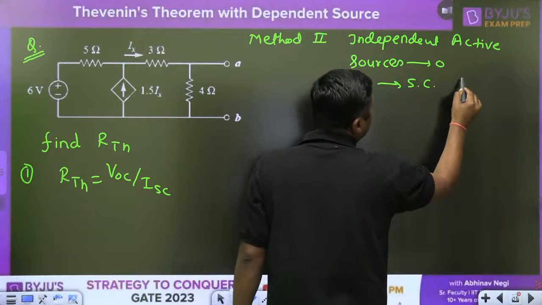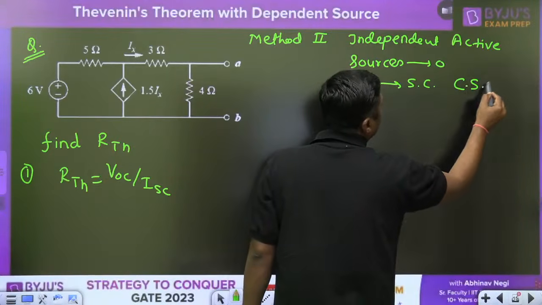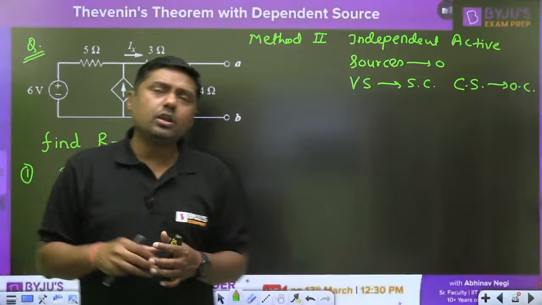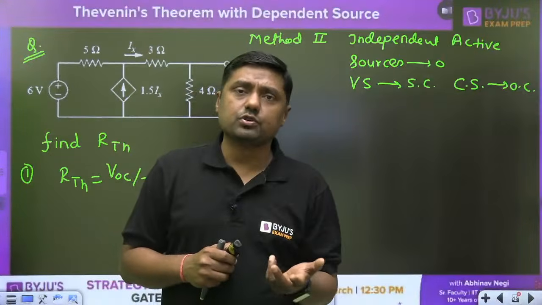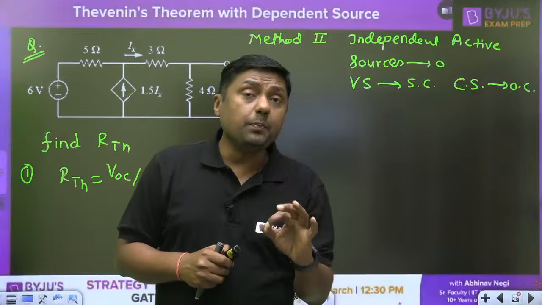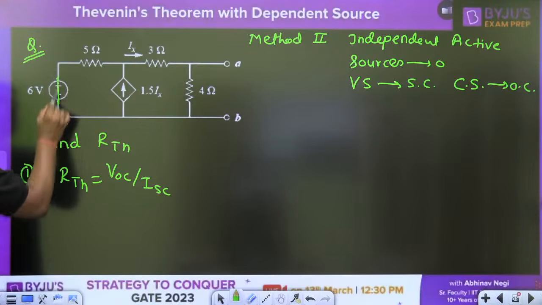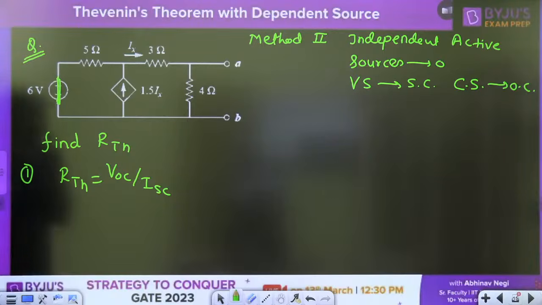If there is a current source, make it open circuit. Active, independent. Dependent sources are also active sources, but here independent active sources means this one. Make it 0. The 6 volt will become 0. It will act as a short circuit.